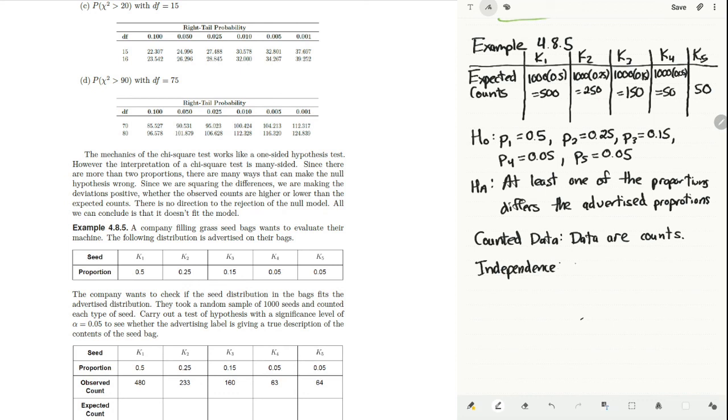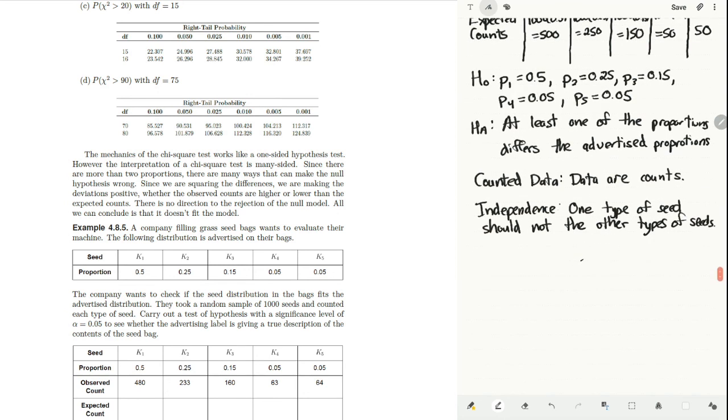One type of seed should not affect the other types of seeds. To check for independence, we look for randomization. We're given that we have a random sample of 1,000 seeds, and so this condition is met.